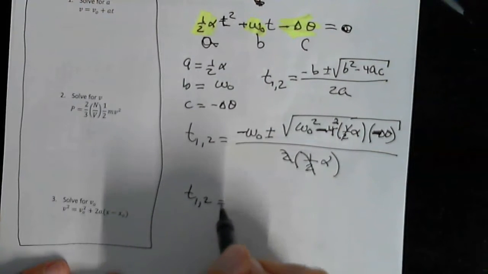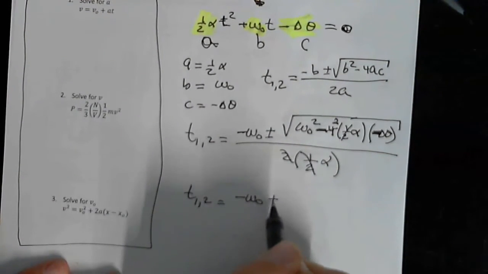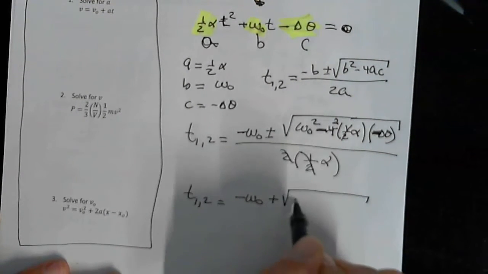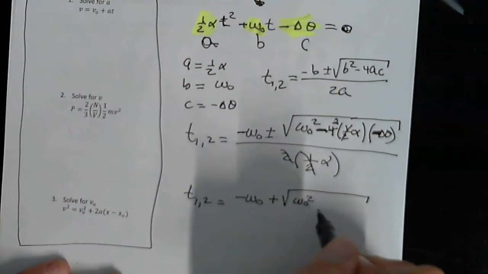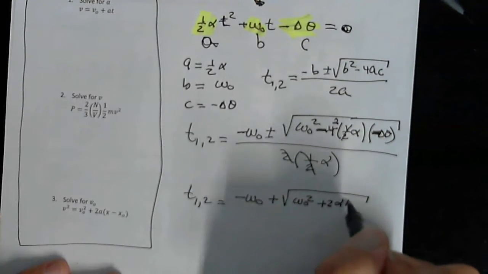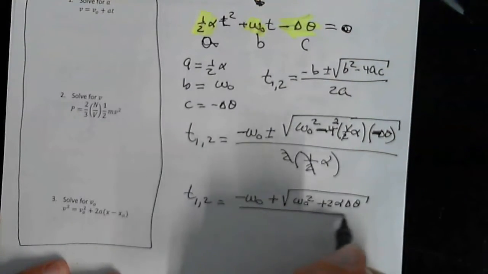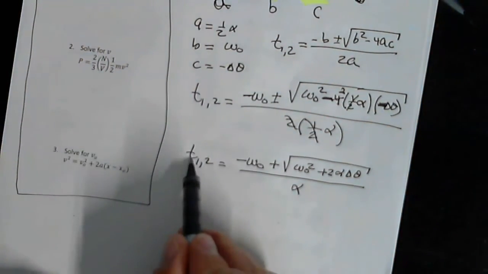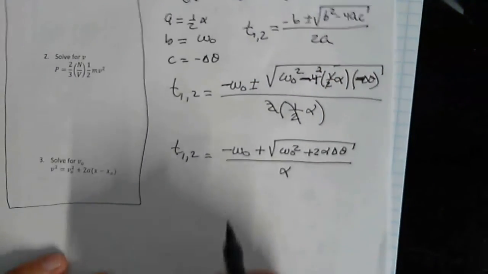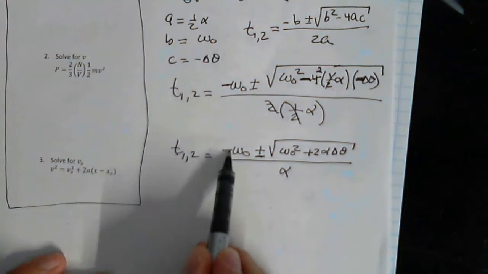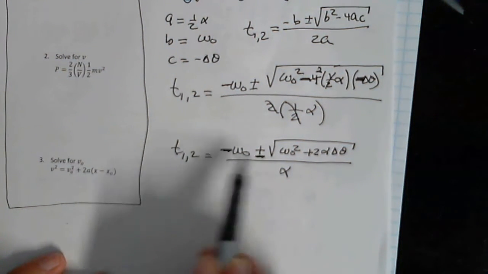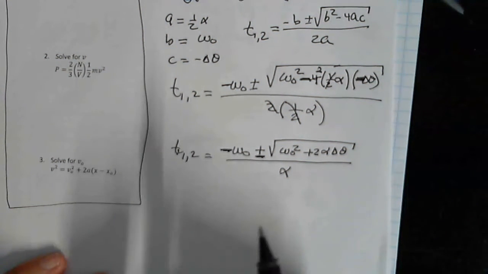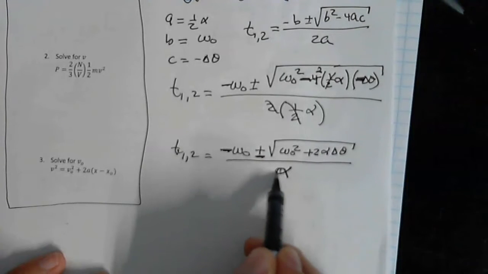So, and the time must be a positive quantity. So if this is negative and negative, time is going to be negative, assuming alpha is positive.